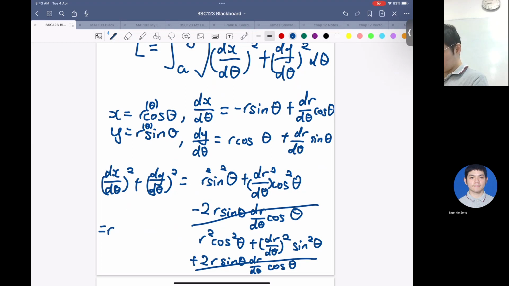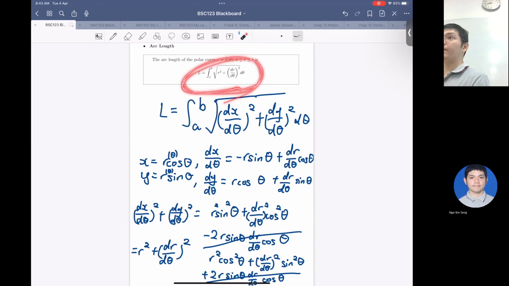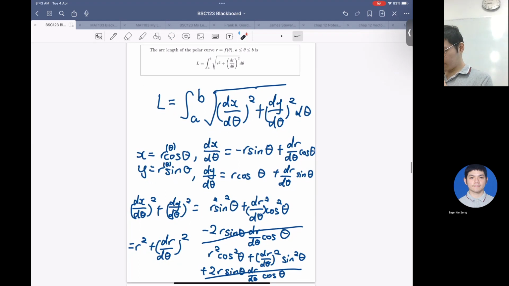So you can factorize, get r squared. And similarly, you can factorize, and you get (dr d theta) squared. So you get r squared plus (dr d theta) squared, which is what you want in this formula here. Okay. Any issue? Can you follow?